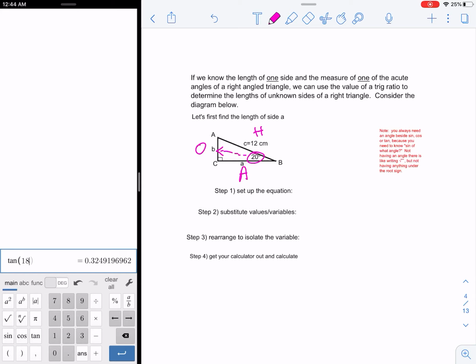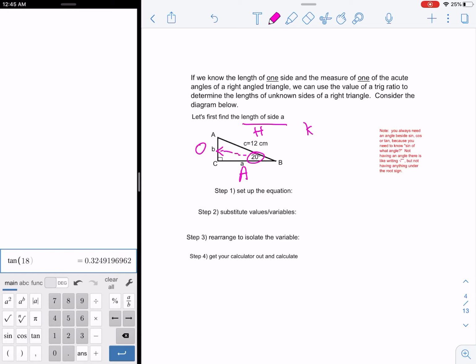Now what we want to do is find the length of side A. So you have to ask yourself a question. What side do I know, and what side am I looking for?